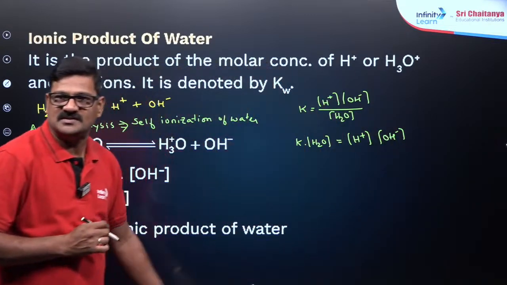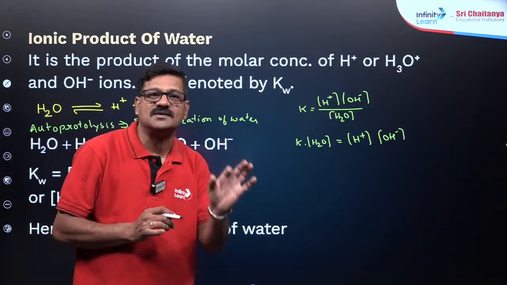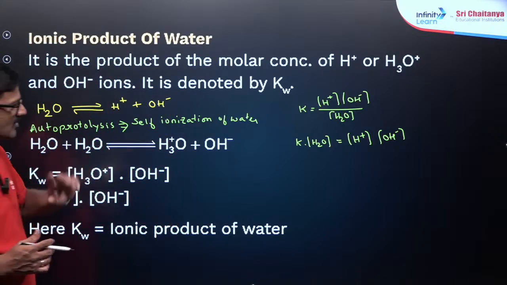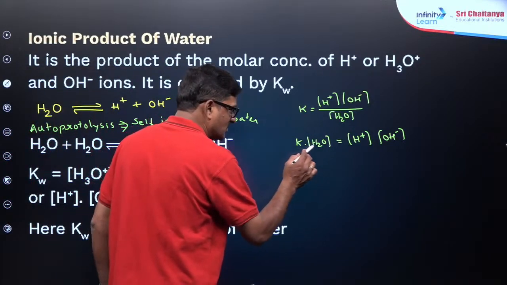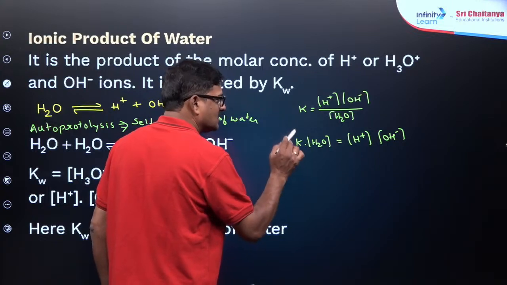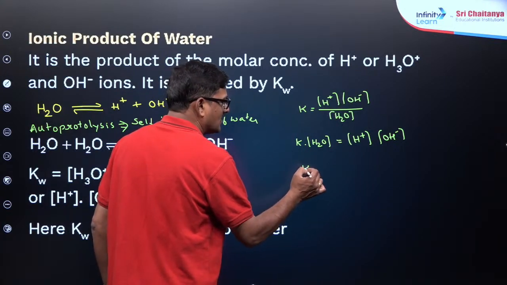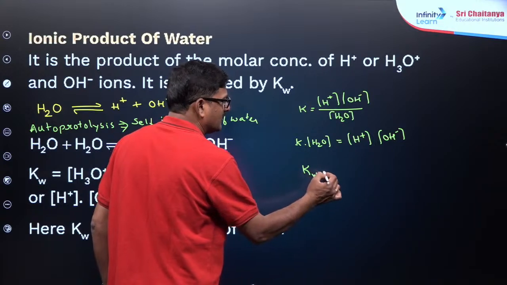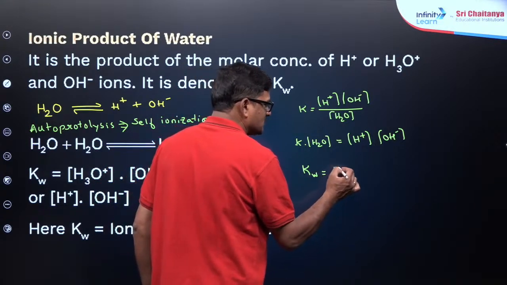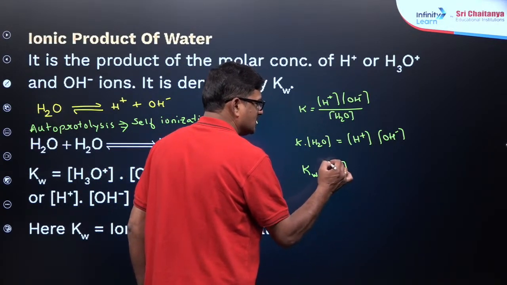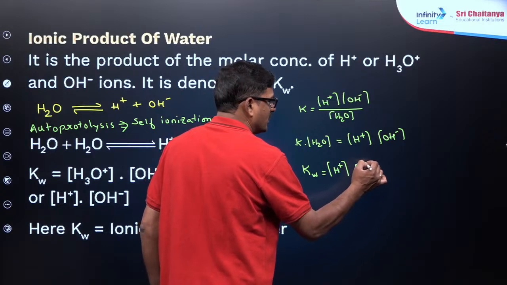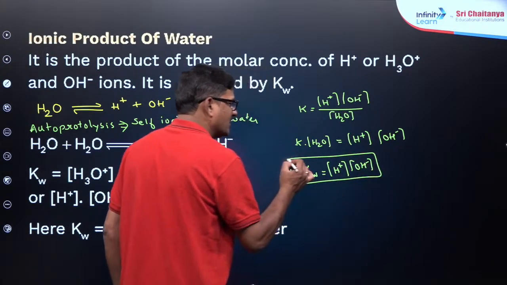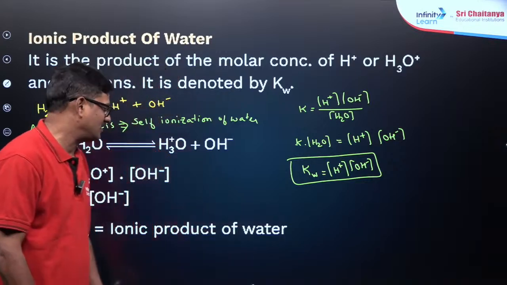Now what happened? The H plus and OH minus is the concentration of the ionized water. The concentration of unionized water is always constant. So a constant multiplied with another constant is called the ionic product constant, given as H plus times OH minus. So this is called the ionic product constant of water.